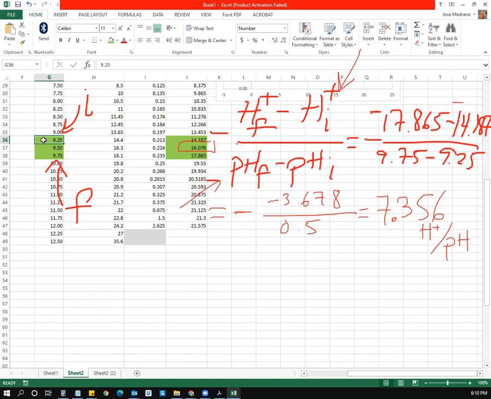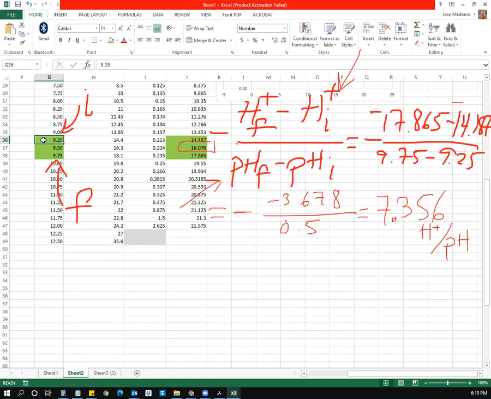I started off, remember, with 50 milliliters of buffer. And then at this point, to get to around pH 9.5, I already added 16.076 millimoles of the 0.5 normal potassium hydroxide titrant. I need to know how much additional volume I had added at this point.